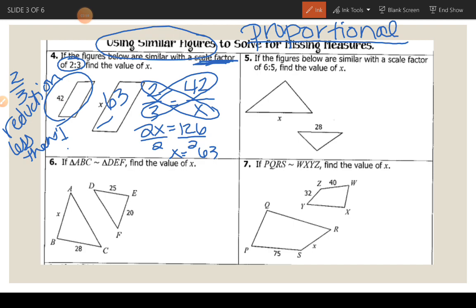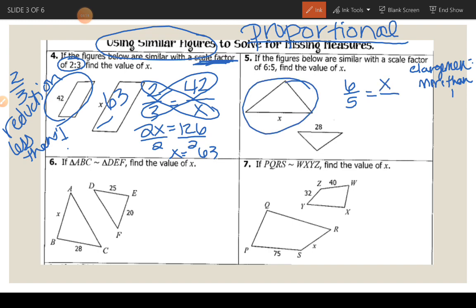Number 5, this scale factor is 6/5. So this is actually going to be an enlargement because it's more than 1. But let's set up our proportions. So actually x is going to go in the top this time because, again, this is the bigger.